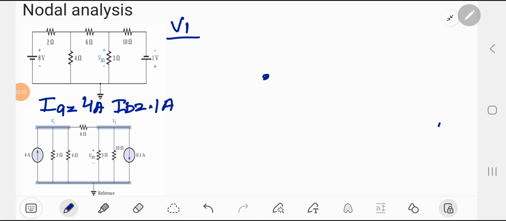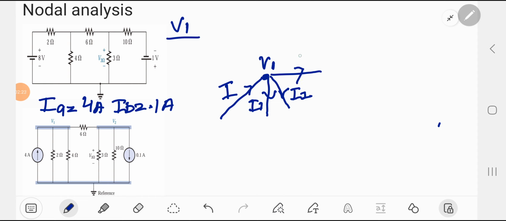So for example, this is node V1. Current entering a node is I. The currents leaving that node are I1, I2 and I3. So we define that I is entering the node, and I1, I2 and I3 are leaving that node.